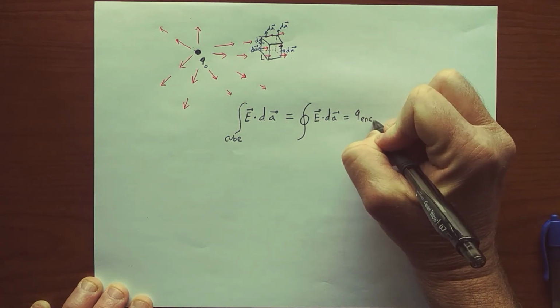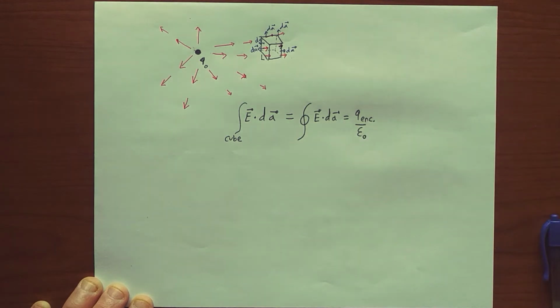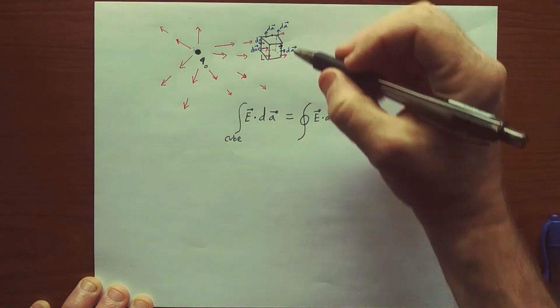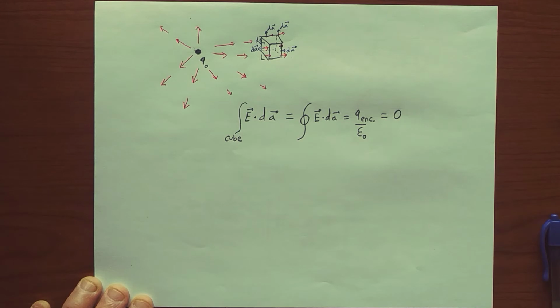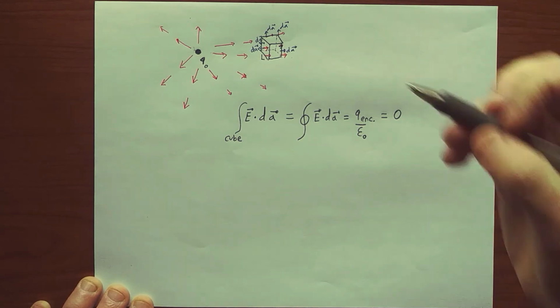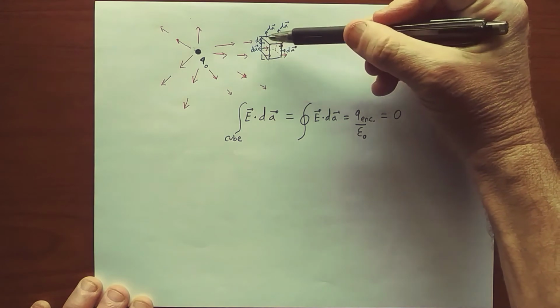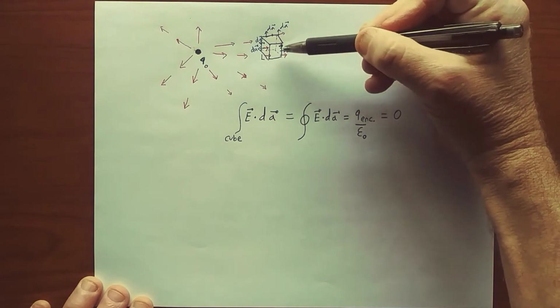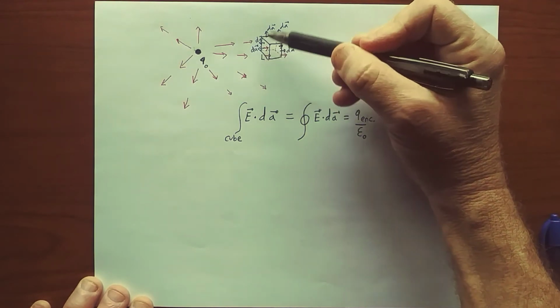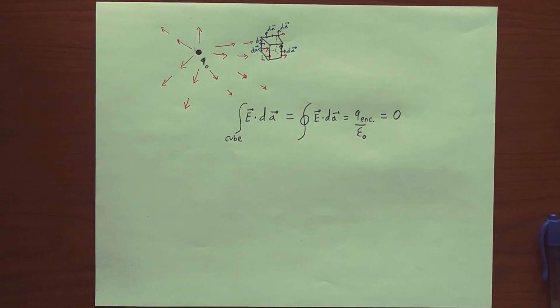I don't have to do a complicated calculation that involves the electric field. I simply have to look to see how much charge is inside, and I look inside my closed surface and I don't see any charge, so I know that the electric flux through there is 0. In some sense we can see that we have some positive contributions from the sides over here, and there must be equal and opposite negative contributions from this side.